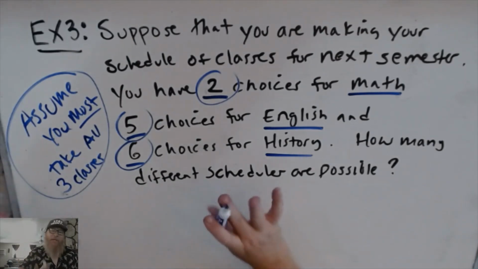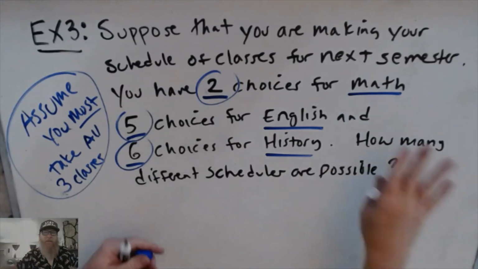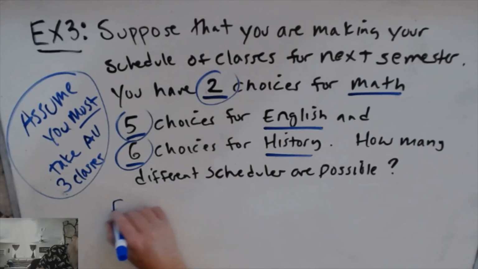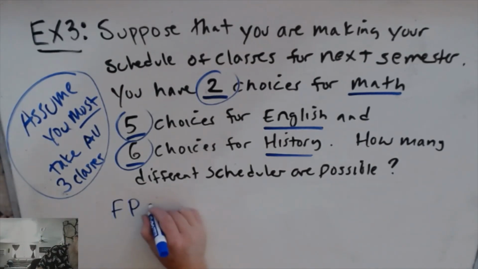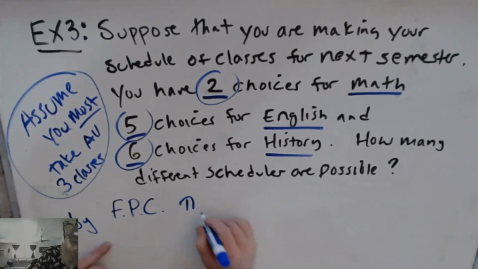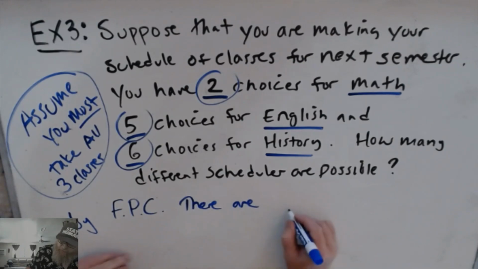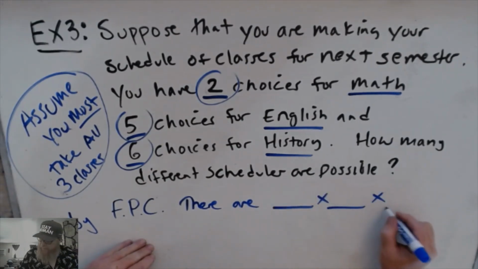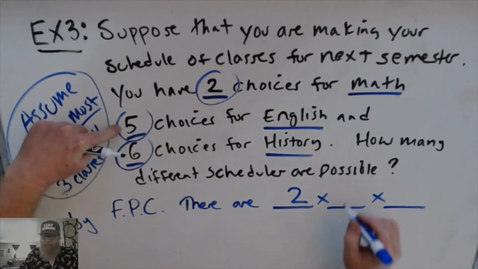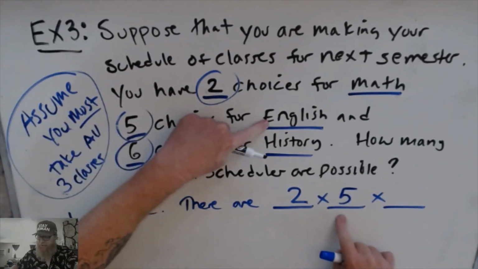Well, again, we could go through trial and error and list out all the different possibilities. We could make a tree. We could exhaust ourselves with all the different trial and error methods. But now that we have the fundamental principle of counting, the FPC, there are blank times blank times blank. We have 2 choices for math. That's our A. 5 choices for English.